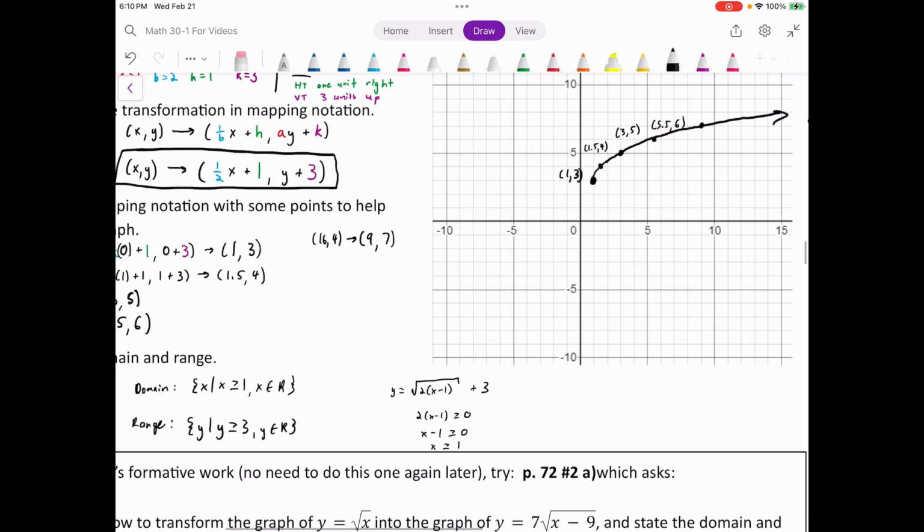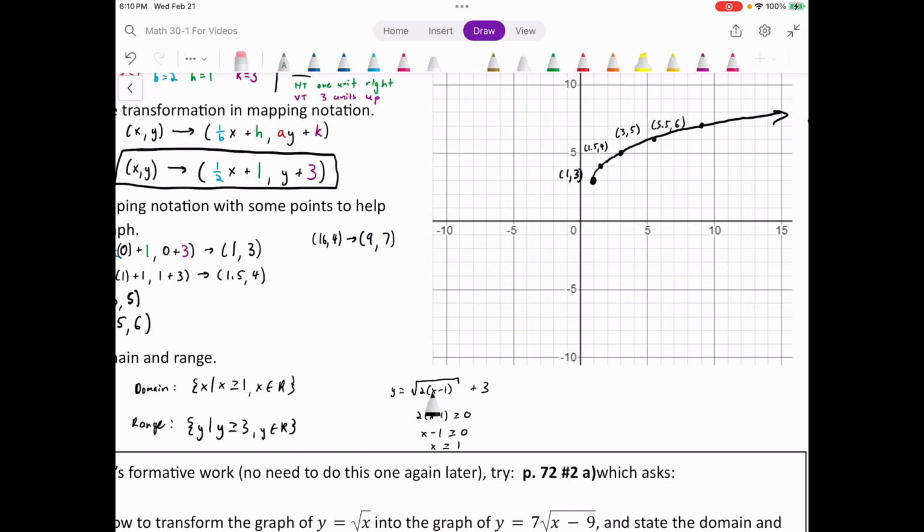Okay. Similarly, for our y here, right? Well, you can see, we could make this 0. That's the smallest we could get there. We could get the square root of 0, right? For example, if I made x 1, like we see here, when x is 1, I have the square root of 2 times 0, so the square root of 0, so 0, plus 3. So the lowest y can ever get is 3, right?